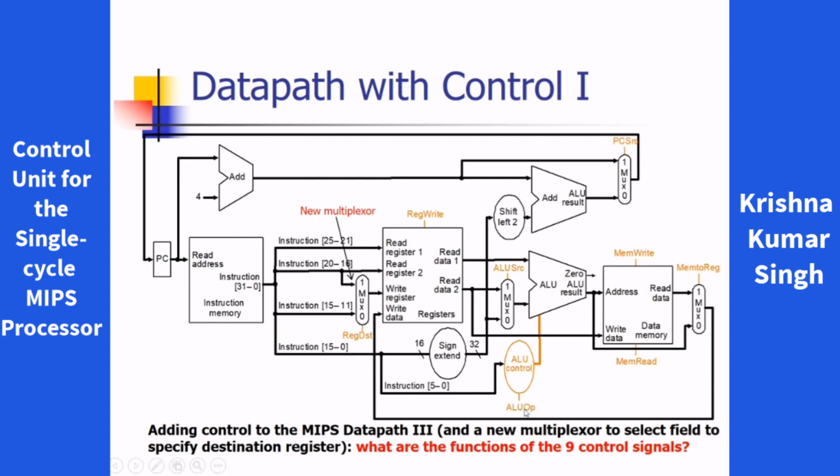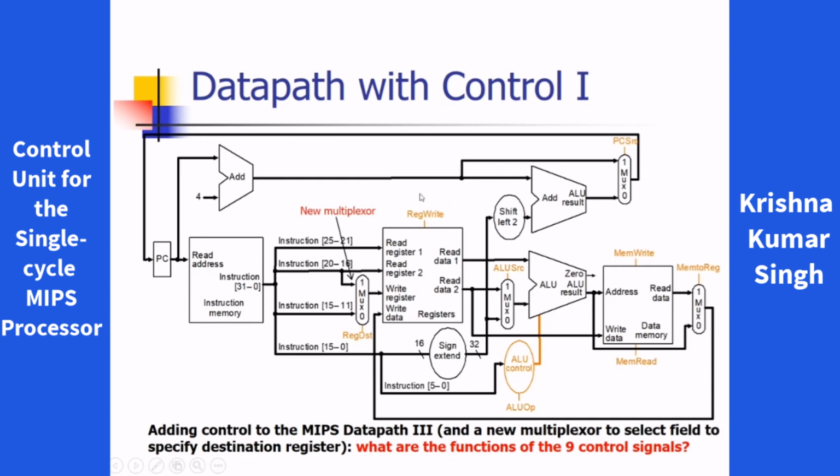These are the control signals that can be controlled by the control unit according to the type of instruction. So the control unit checks the opcode of the instruction and accordingly sets or clears these control signals. Set means that make them 1, and clear means that make them 0.